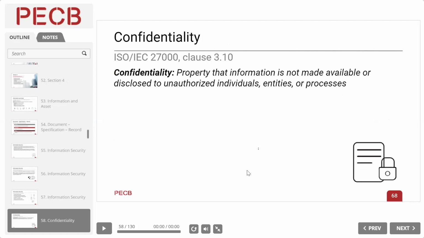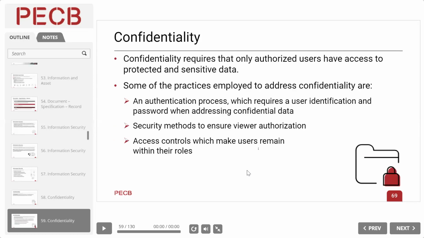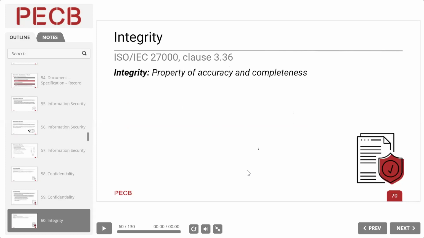One of the ways that we manage confidentiality is through access control. Cryptography is also something that we use to manage confidentiality.